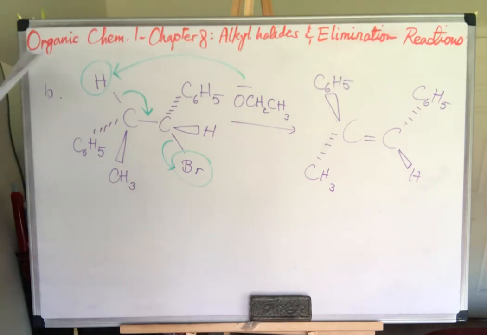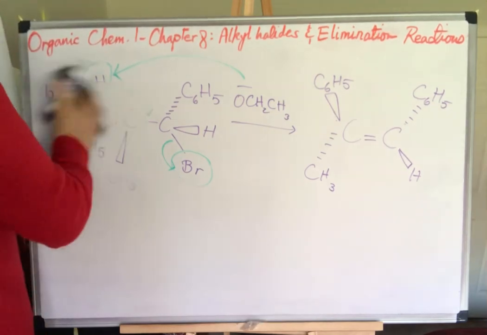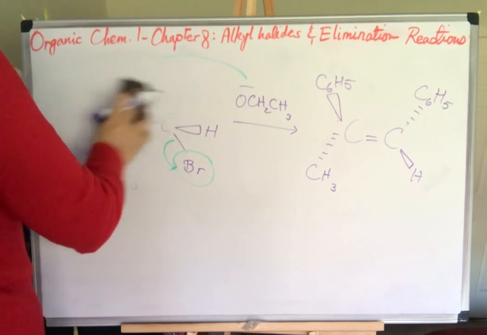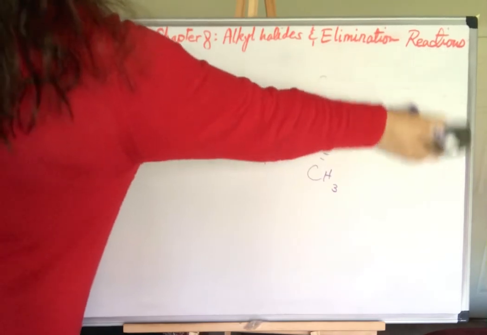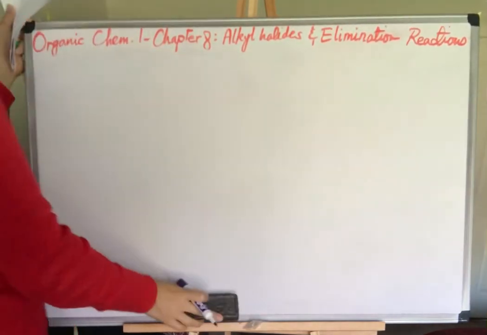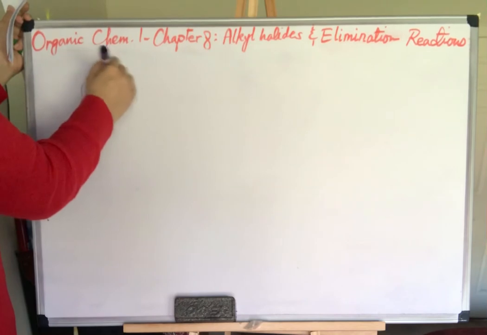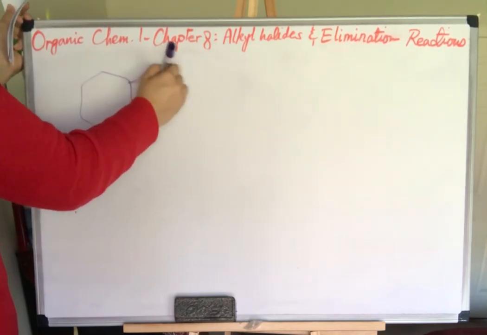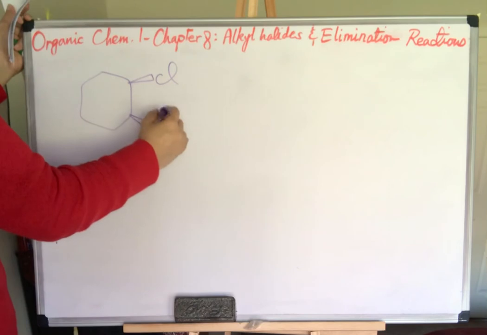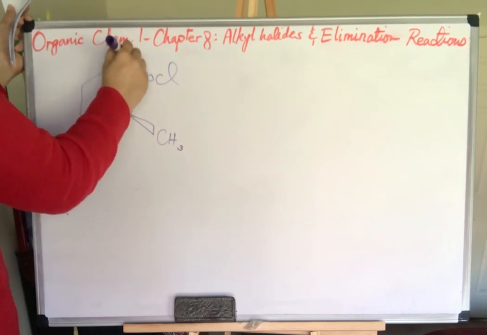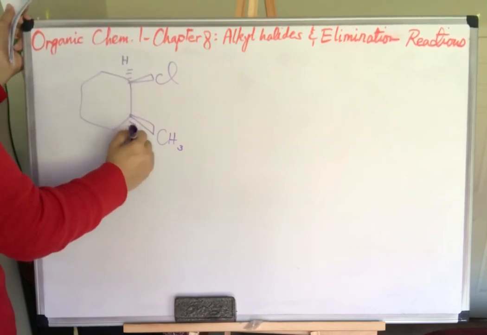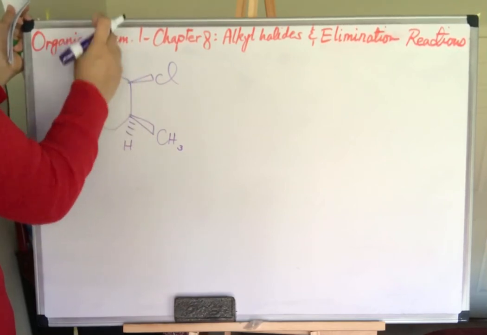And the last one on this page, it says explain why trans-1-chloro-2-methylcyclohexane undergoes E2 elimination much faster than its cis isomer, than its trans isomer, I'm sorry. This is cis, 1-chloro-2-methyl. So there is a hydrogen here and there is a hydrogen here. Of course, we don't need the one next to chlorine.